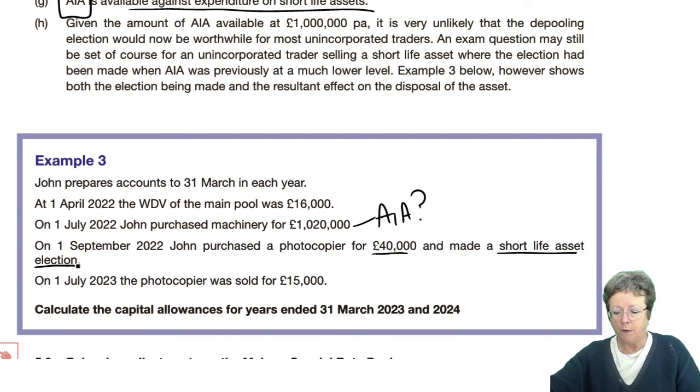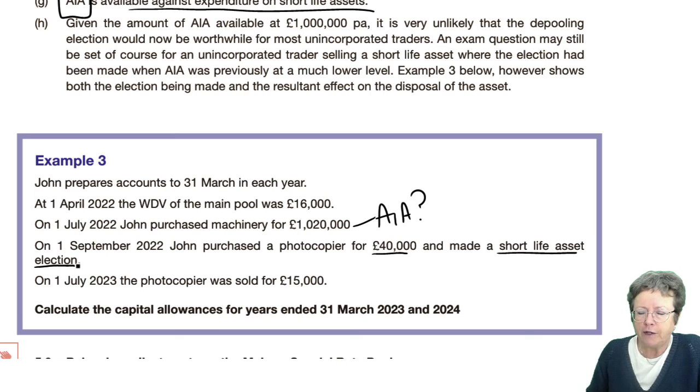Now, one thing to bear in mind with this, and I've told you before about reading your questions carefully. What does it say at the end? Calculate the capital allowances for the years ended. There are 2 computations here.